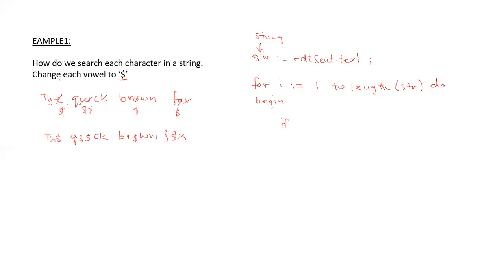So if str[I], I treat it like an array, and to look for vowels, we use the set operator in and check if it is A, E, I, O, U. So if it is in the set A, E, I, O, U, notice I'm only using capital letters.